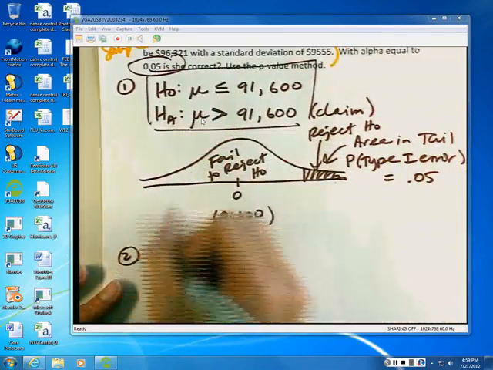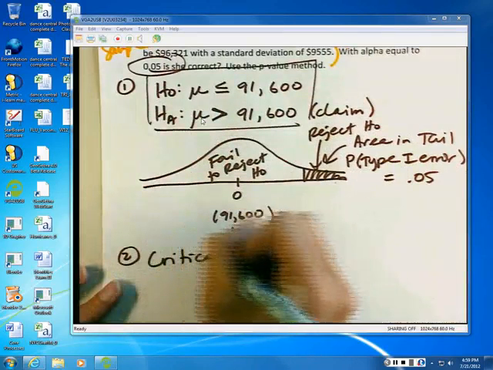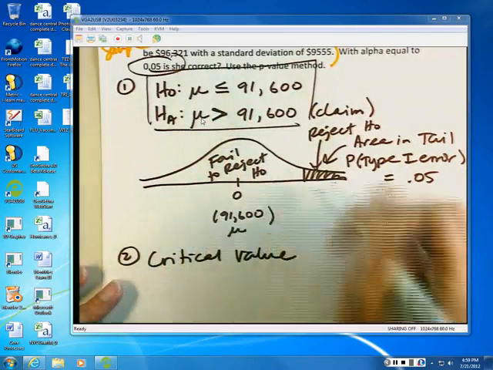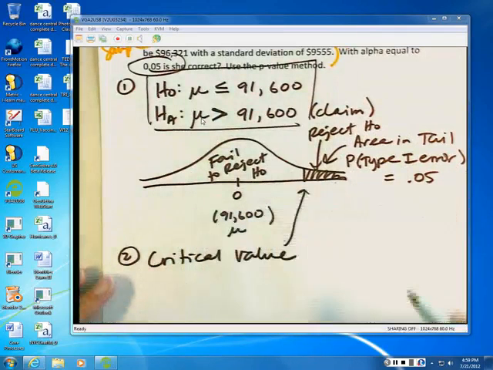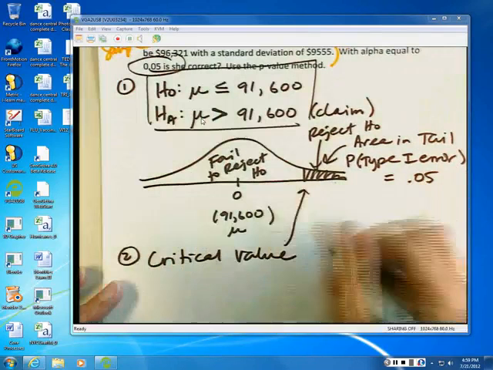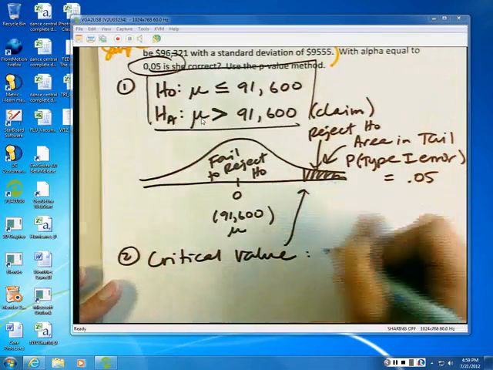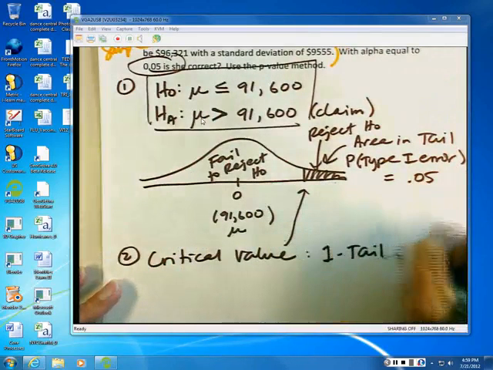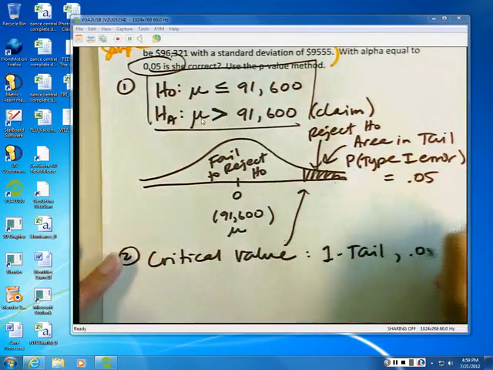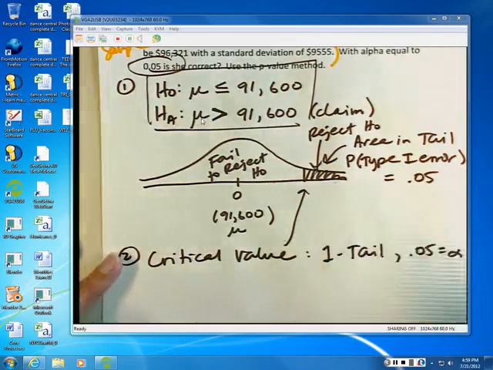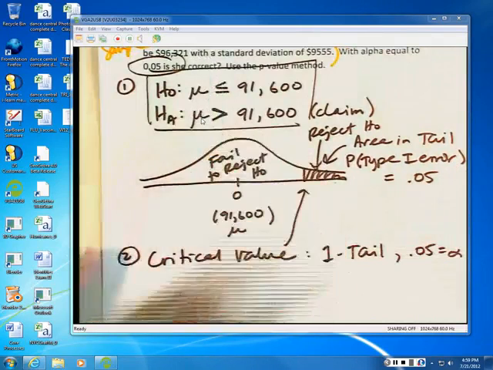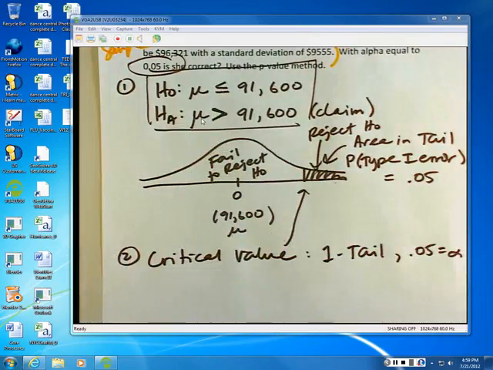Number 2 is the critical value. And then I'll pick up my calculator. The critical value is this number right here. What cuts off the significance region? All I need to know is how many tails I have. I have 1 tail, and I have 0.05 significance level. 100 randomly sampled people, so I don't need to use degrees of freedom, and a t. So I again go to table F, which is my all-time favorite table.